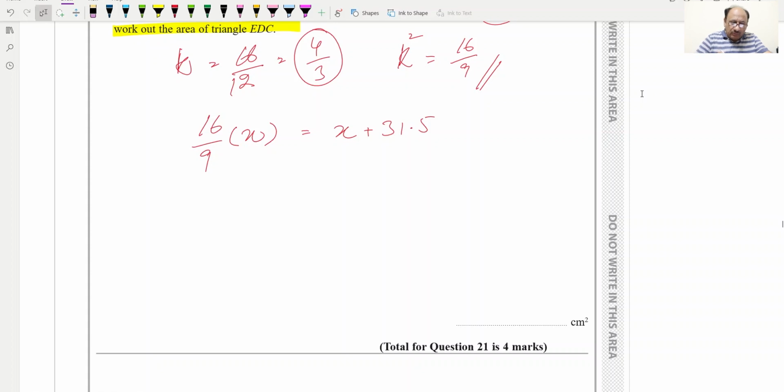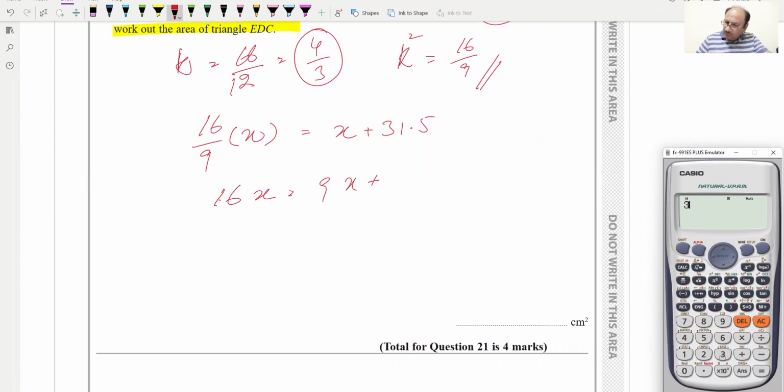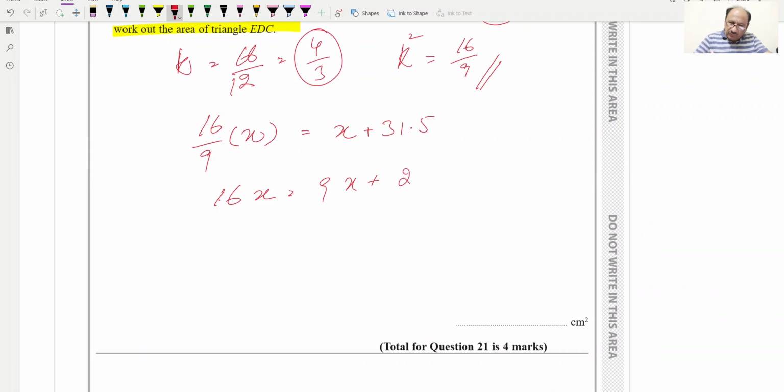Now we can solve this equation. We can multiply everything by 9, so it will be 16x is equal to 9x plus 31.5 multiplied by 9, which is 283.5.